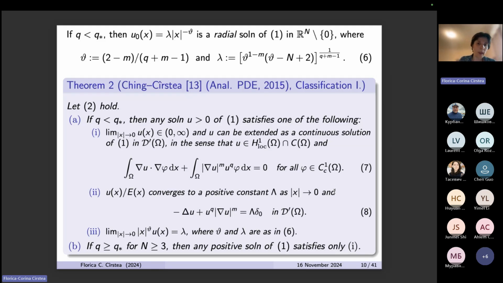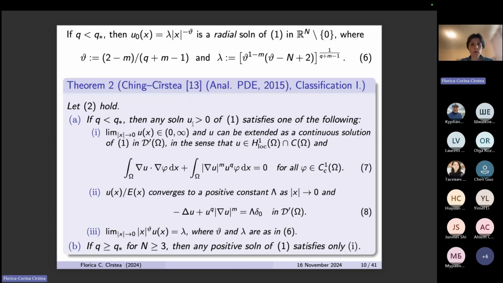But now it's (2 minus m) over (q plus m minus 1). Lambda is this quantity there in relation 6. Then this power function is a radial solution in R^n minus 0. This is the solution with strong singularity, an entire solution in the entire space that has a strong singularity at 0.